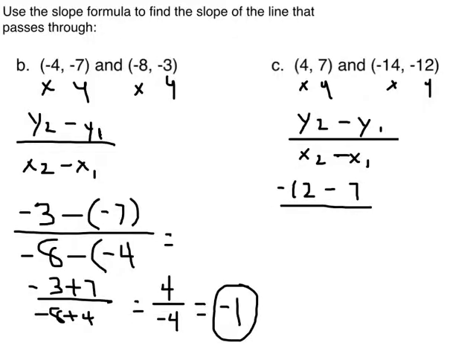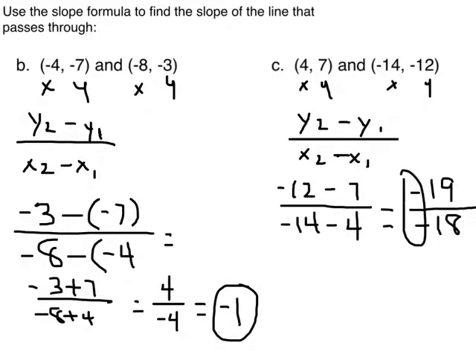X of the second is negative 14 minus x of the first, which is 4. Negative 12 minus 7 is negative 19, and negative 14 minus 4 is negative 18. We've got two negatives here, so our slope is 19 over 18. We're not going to say that it is 1 and 1/18 because the slope has to be in fraction format.